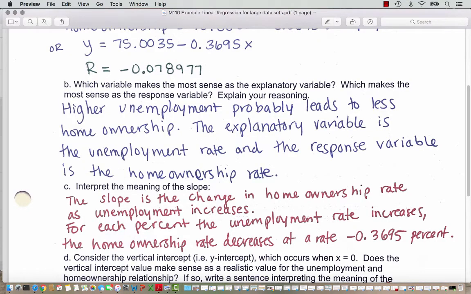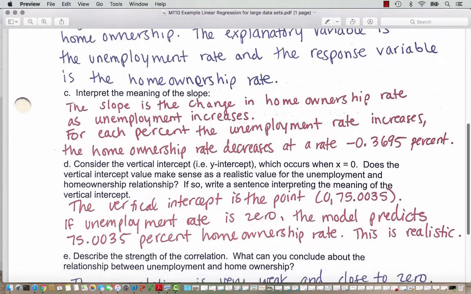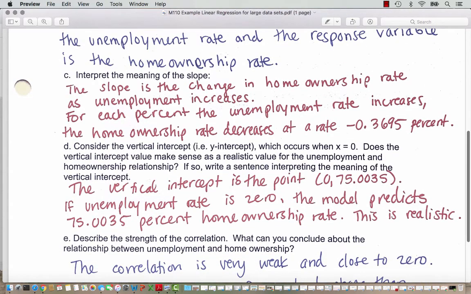Okay, so now we want to interpret the meaning of the slope. The slope is the change in homeownership rate as the unemployment increases. For each percent the unemployment rate increases, the homeownership rate decreases at a rate of negative 0.3695%.